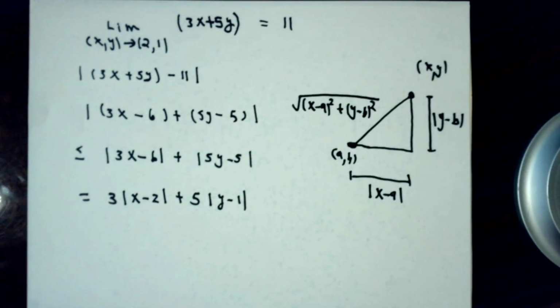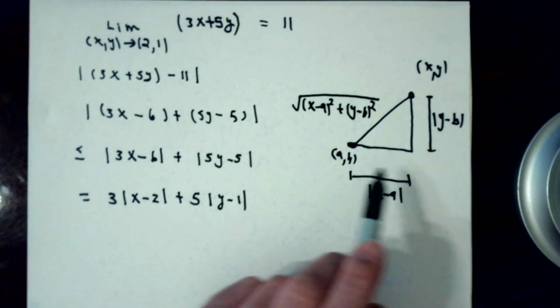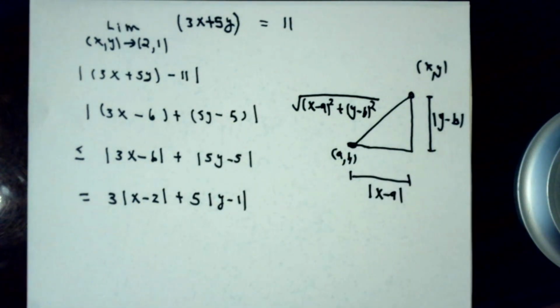If I think about how (a, b) is located relative to (x, y), this horizontal part is how different x and a are. The distance across the bottom is the absolute value of x minus a.